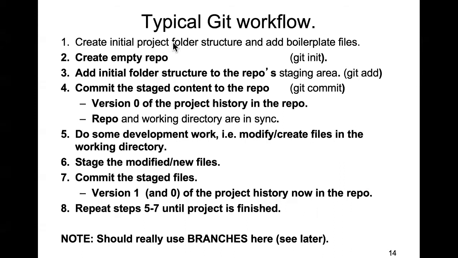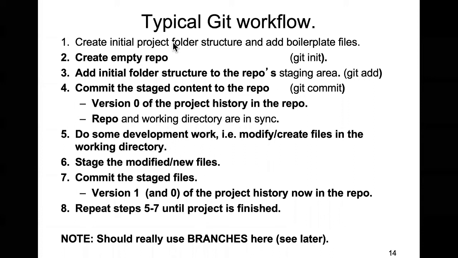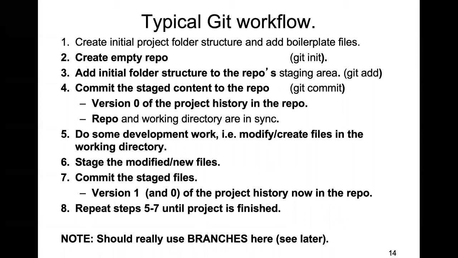You might know what your folder structure will be for whatever project you're working on. You may have some initial configuration files like your package.json if it's a JavaScript project. You may have some initial source code. So you have your initial project or working directory set up.